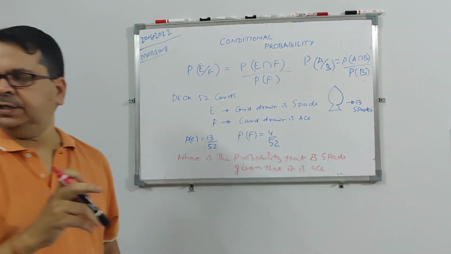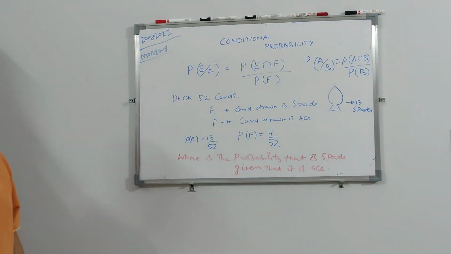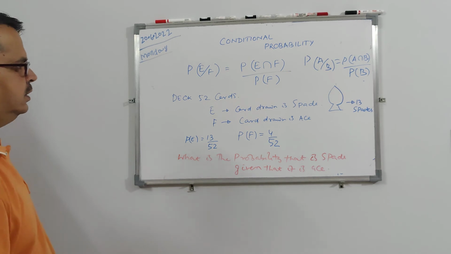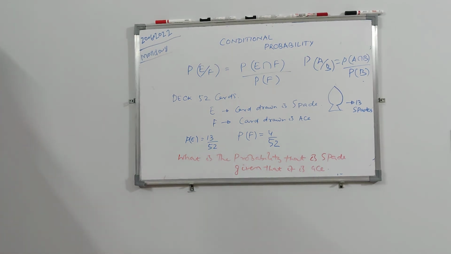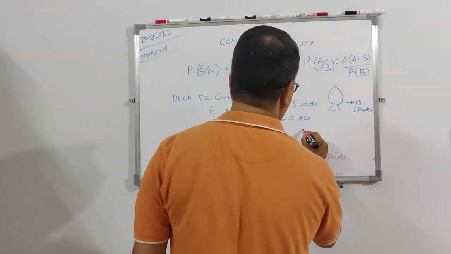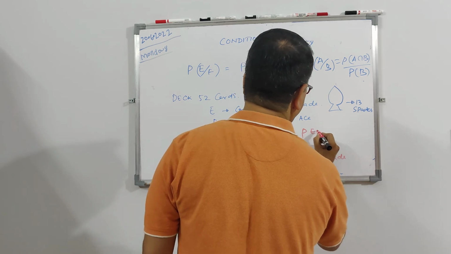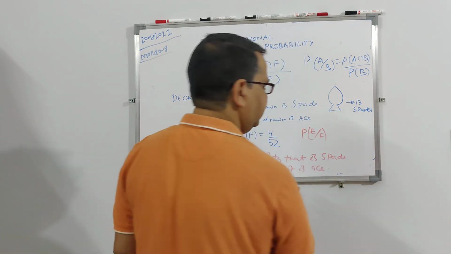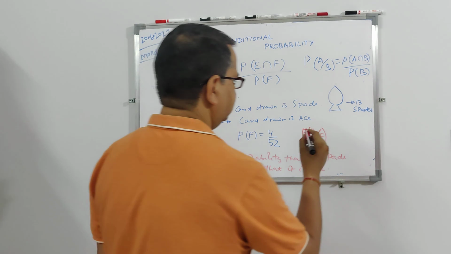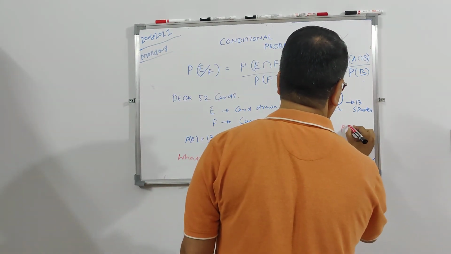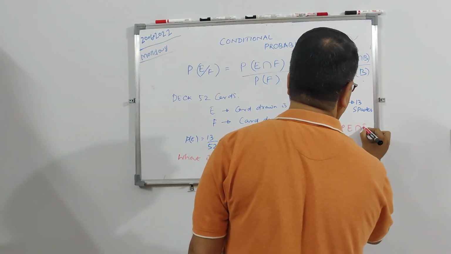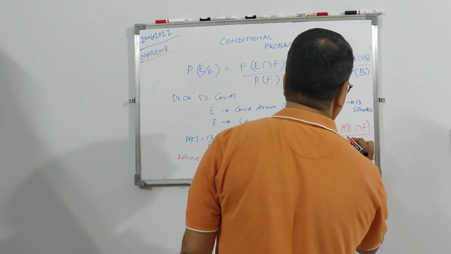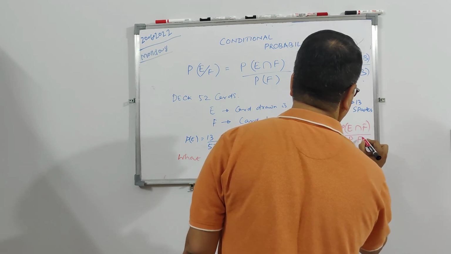So first, it is already an ace. And after it satisfies the condition that it is already an ace, what is the probability that it is a spade? So that will be the probability of E given F. F is that it is already an ace. So it will be the probability of E intersection F divided by the probability of F.